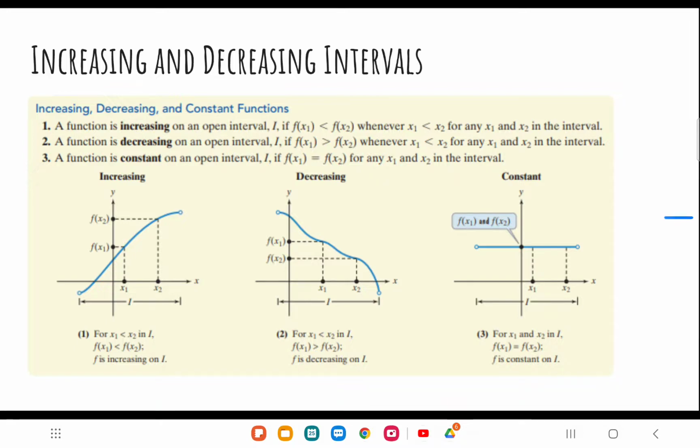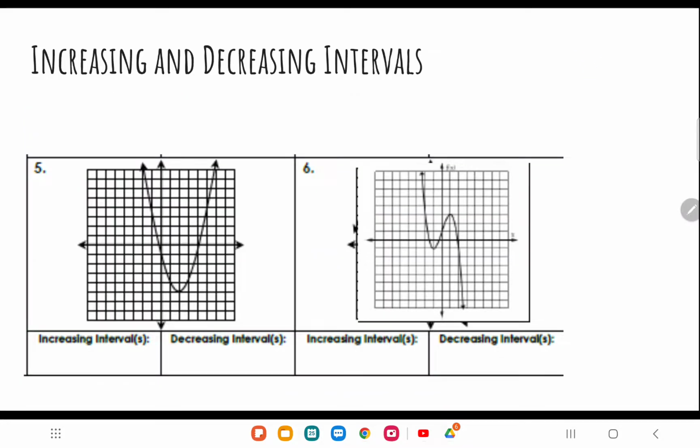Let's look at how we would write these intervals. I'm given two graphs here. One is a quadratic, and I'll trace that so we can see, and I'll also mark the origin here.